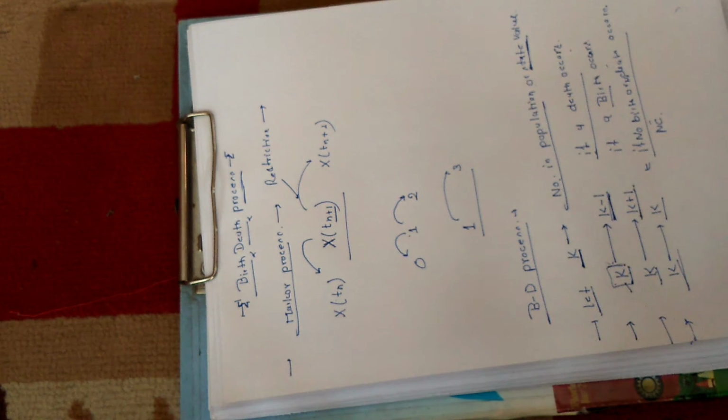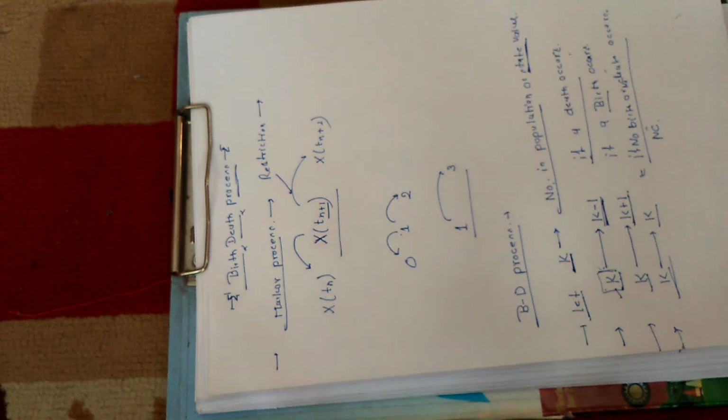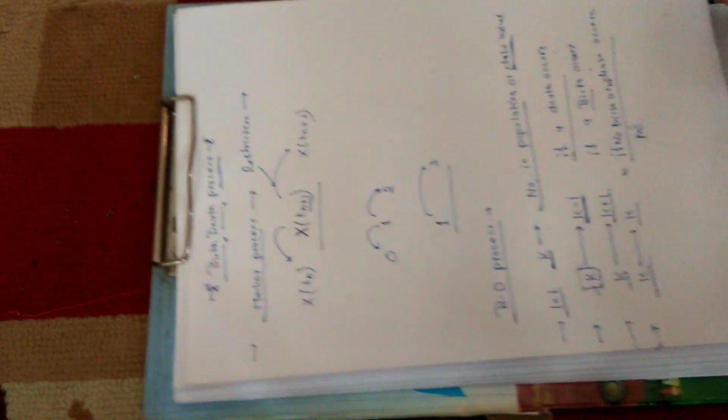Earlier the state is k and now also the state is k. So this is the fundamental behavior of the BD process, the birth death process, during the time period under consideration.